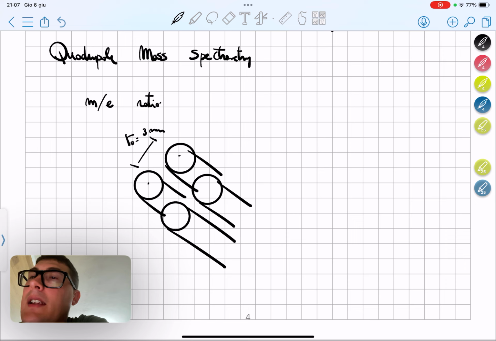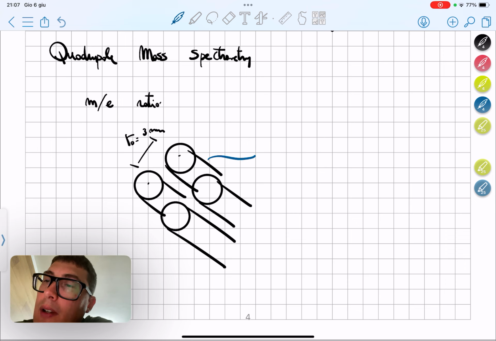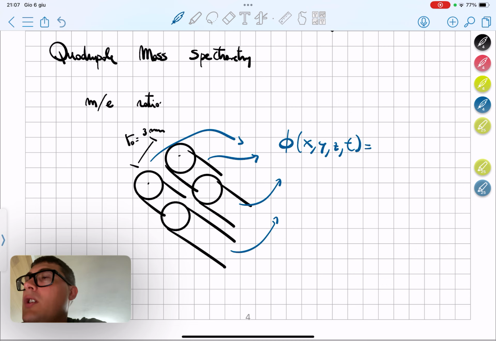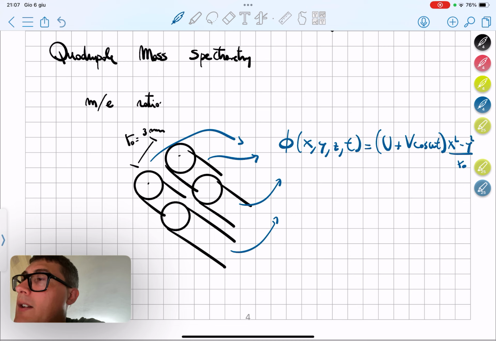They are connected with direct and radio frequency potential, equal in magnitude but opposite in sign to each other. So essentially there is a potential which has a quadratic form, which we can think of as u plus v cos omega t times x squared minus y squared divided by r naught squared.